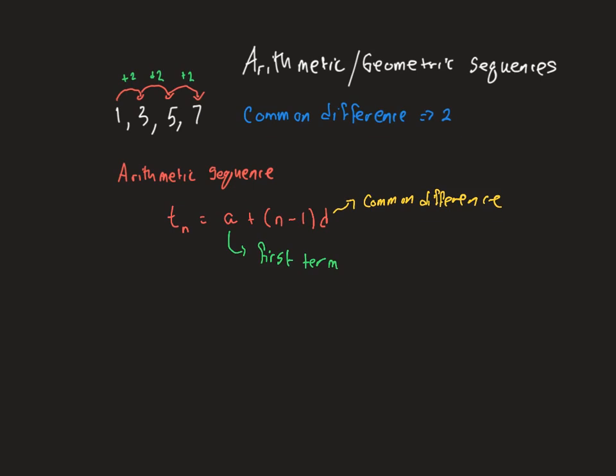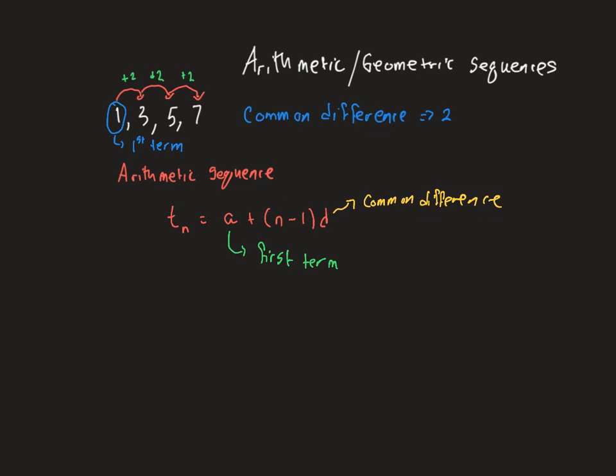So, if you're looking at the example we talked about above, what's my first term? Well, you can see my first term would be the 1. And each one is basically an addition times the common difference.